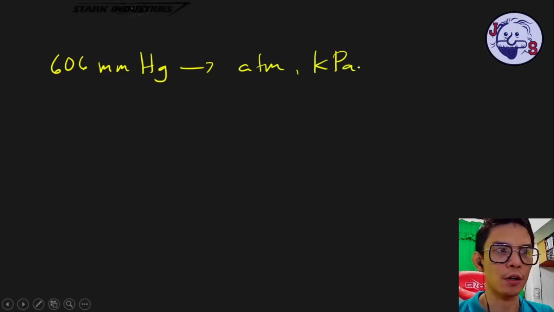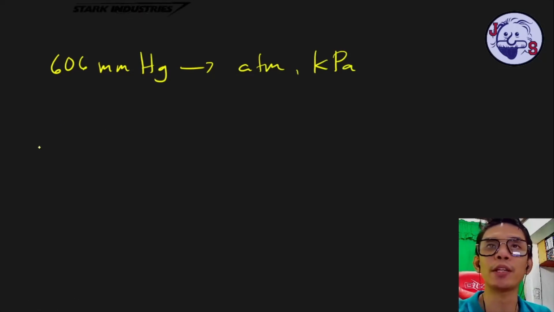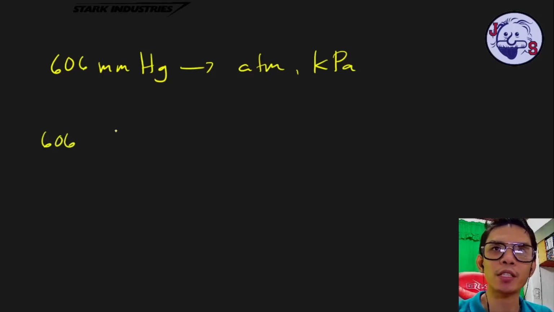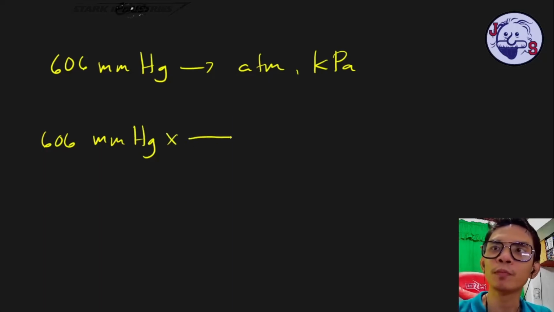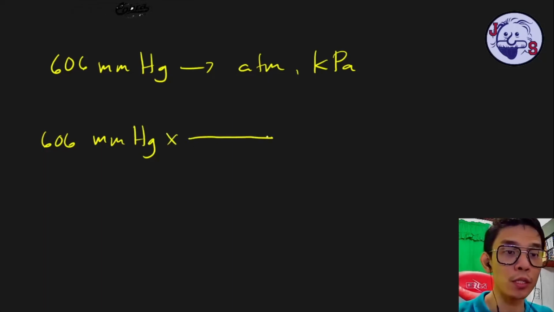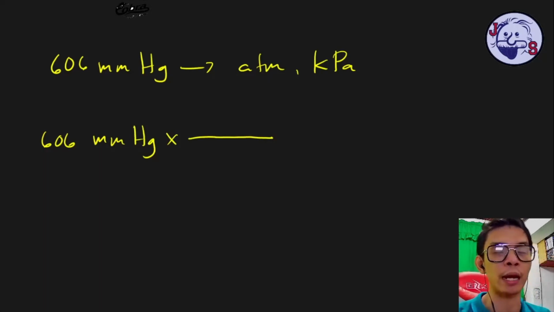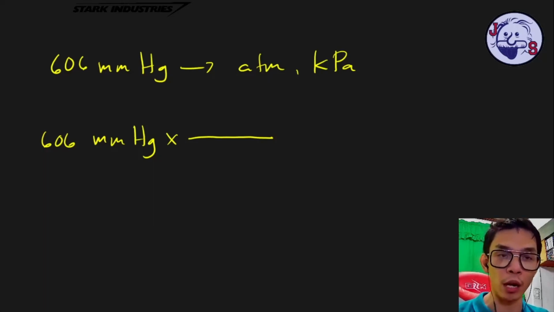So what do we have right here? We have 606 millimeters of mercury, multiplied by the conversion factor. In this case, we are going to use the basic mathematical concept called dimensional analysis. If there are similar units, we cancel them, and what is left behind is the unit that we are looking for.